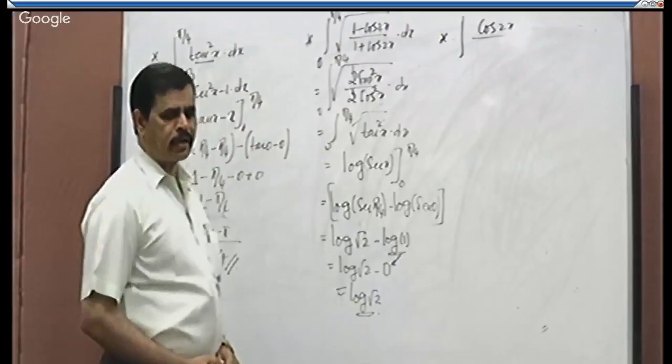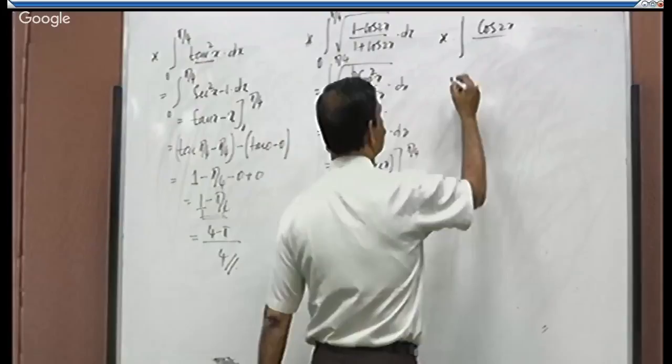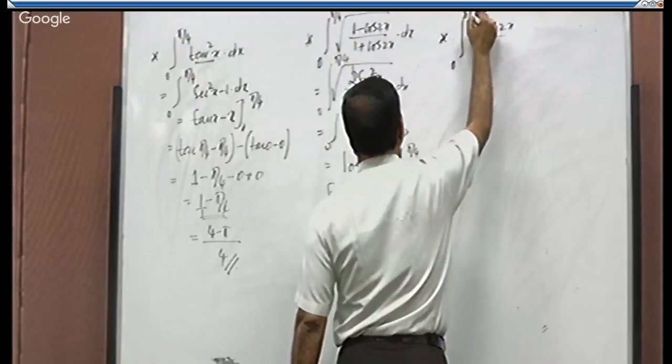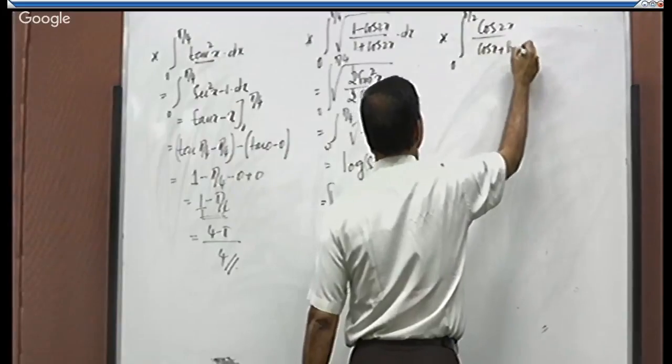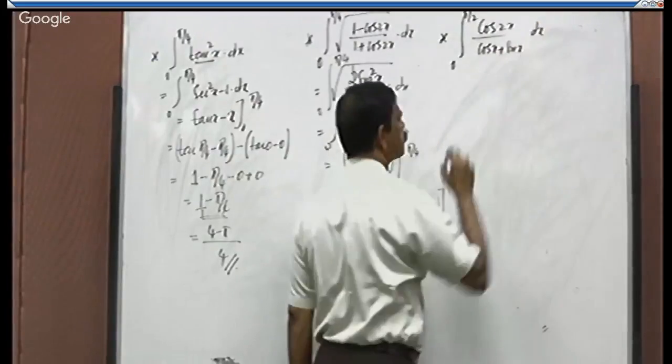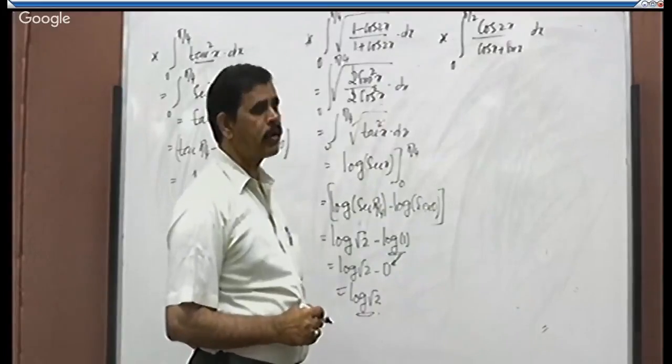Next, let us take another problem. Integration of 0 to pi by 2 of (cos 2x) over (cos x plus sin x) dx. We have a formula for cos 2x.